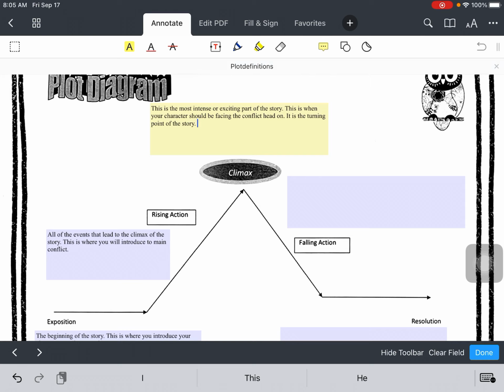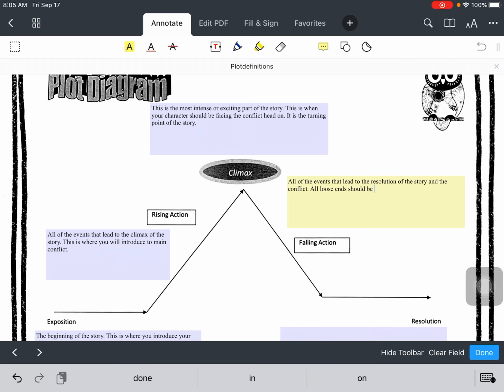So when they start to deal with that problem head on, which leads to this downward motion, which is the falling action. And the falling action is all of the events that lead to the resolution of the story and the conflict. So all loose ends should be tied up.